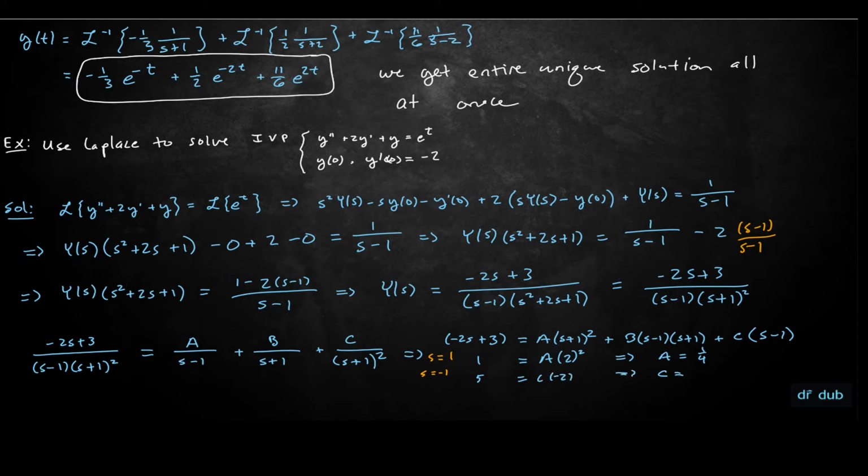So we get c equals negative 5 halves. And you could plug in s equals 0, and then you already know a and c, and you can get b. So you get 3 equals some stuff, and eventually you'll get b is negative 1/4.